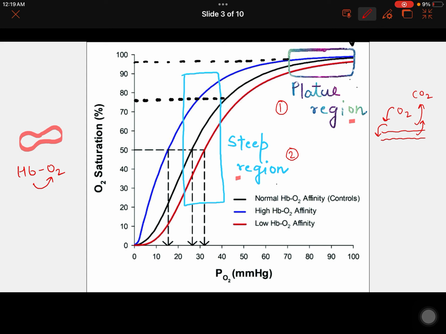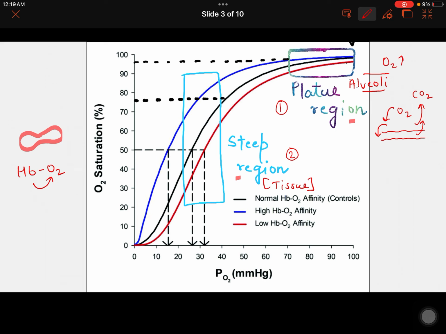Now let's say at the plateau region we are at the lungs, or the alveoli level, and the steep region is the tissue level. If we are talking about the alveoli, there you will obviously find more oxygen, so the O2 will be more.